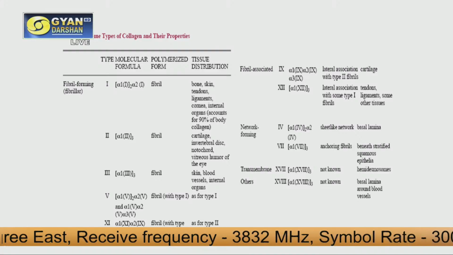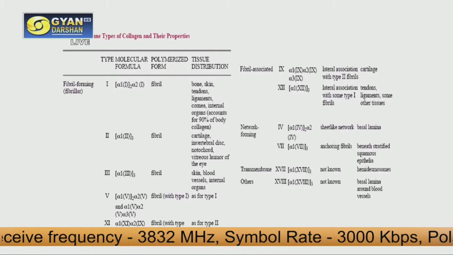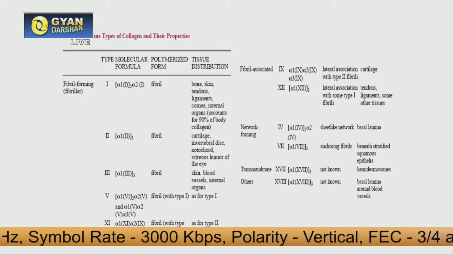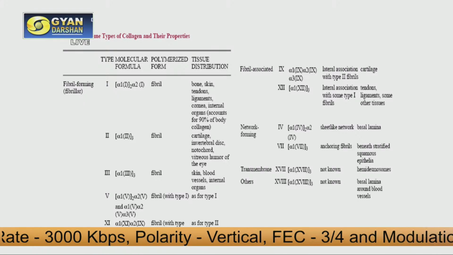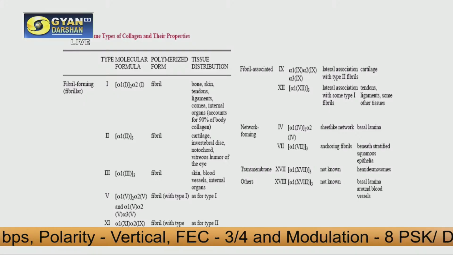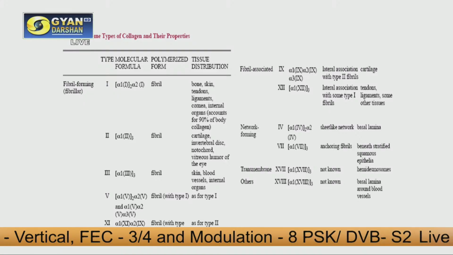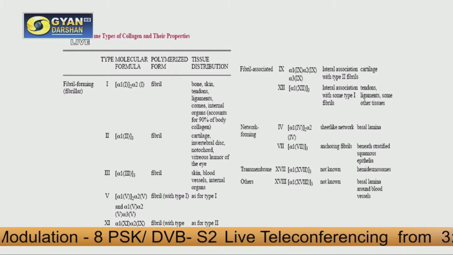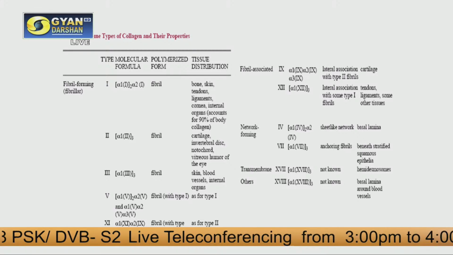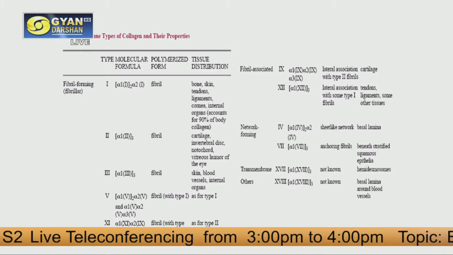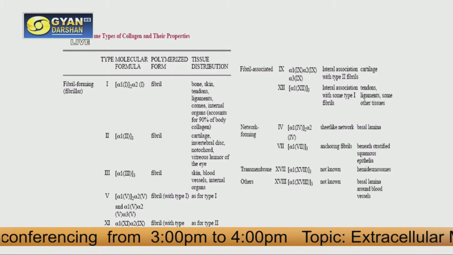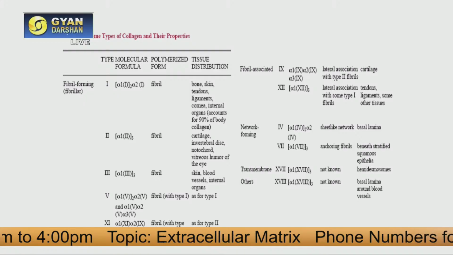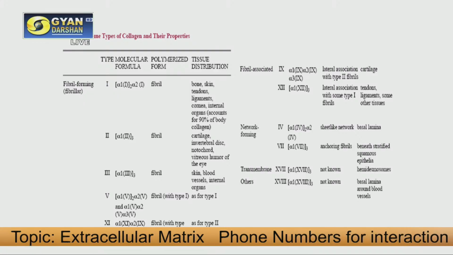If you see their distribution, fibrillar collagen is found in bones, skin, tendon, ligaments, cornea. Okay, so they are widespread in distribution. Fibril associated collagen is present in cartilage, tendons. Network forming collagen is in the basal lamina. Transmembrane collagen is in hemidesmosomes. Among the others, they are in the basal lamina, then around the blood vessels.